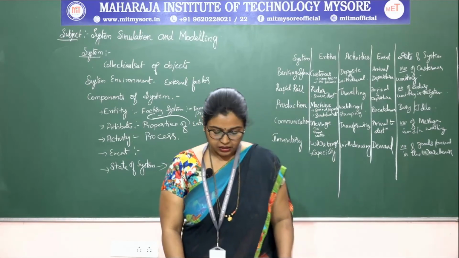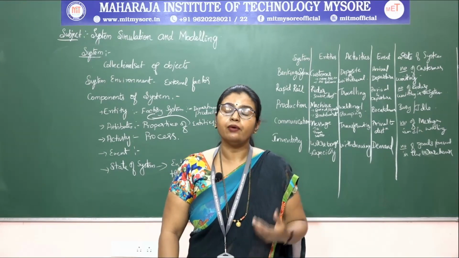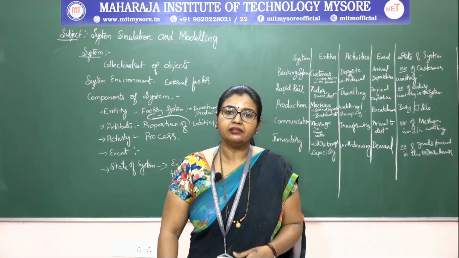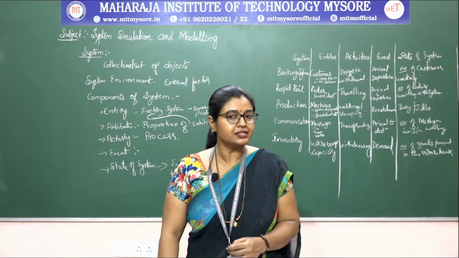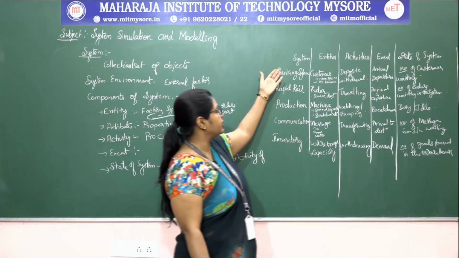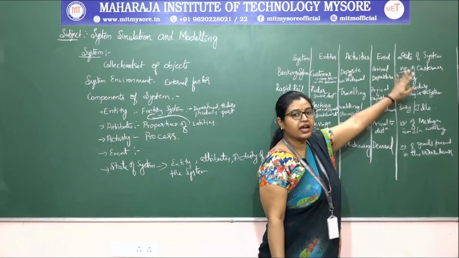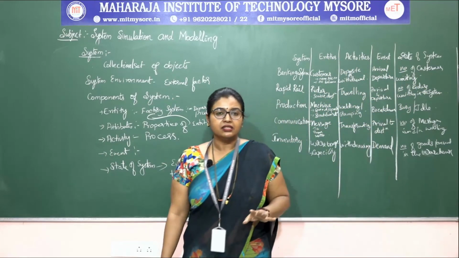So what is the demand? What is the order quantity we have, and what is the remaining thing left in the system? This is how we can identify the system's entity, attributes, activity, event, and system state.